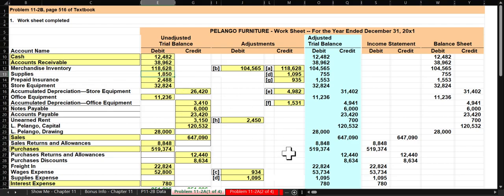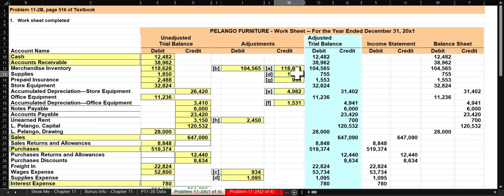However, we still have 755. So notice that what I have to do is figure out how much I actually used. So I'm not recording 755 because that's what we still have. So I take the 755 away from the 1850, and that tells me that I have used 1,095.